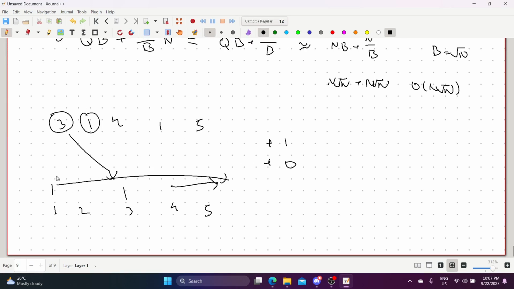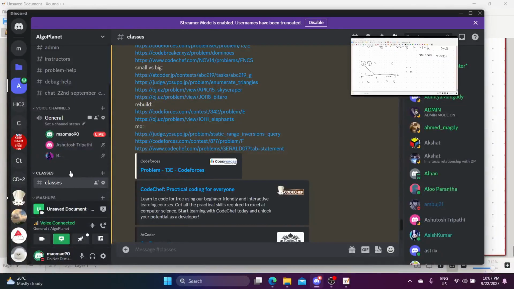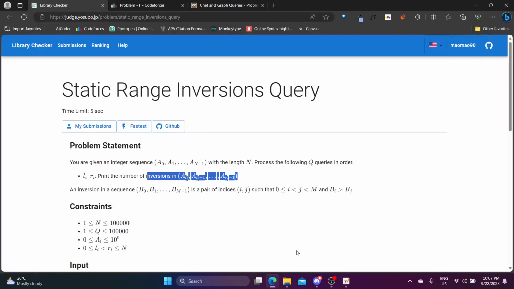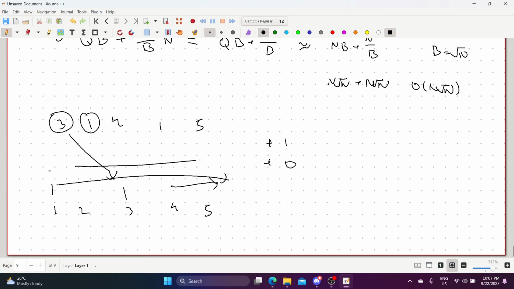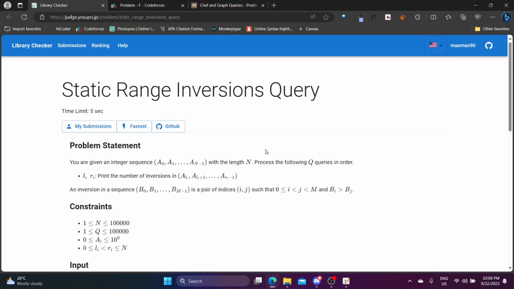Then for 1 again, strictly more than, so we check and it is plus 1 again. Then 5 is plus 0. Each time we check how many elements are more than it, because the number of inversions is the number of pairs (i, j) where i is smaller than j and bi is more than bj.